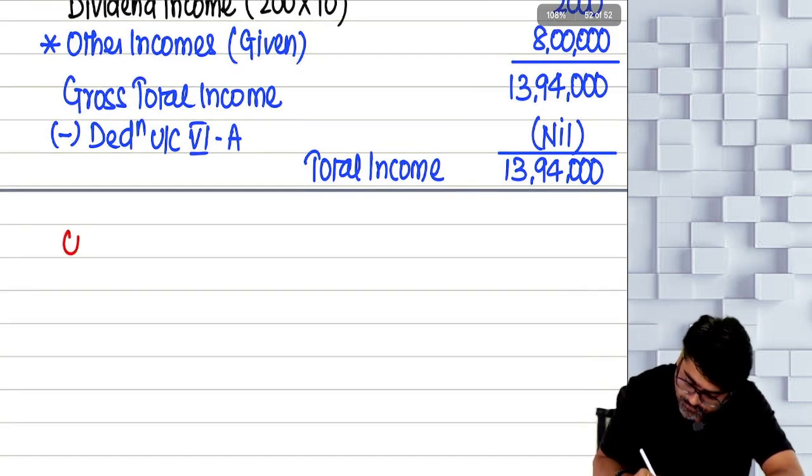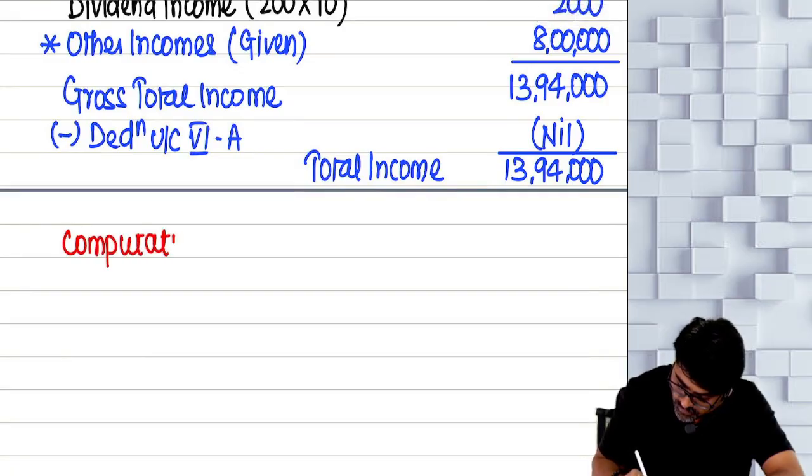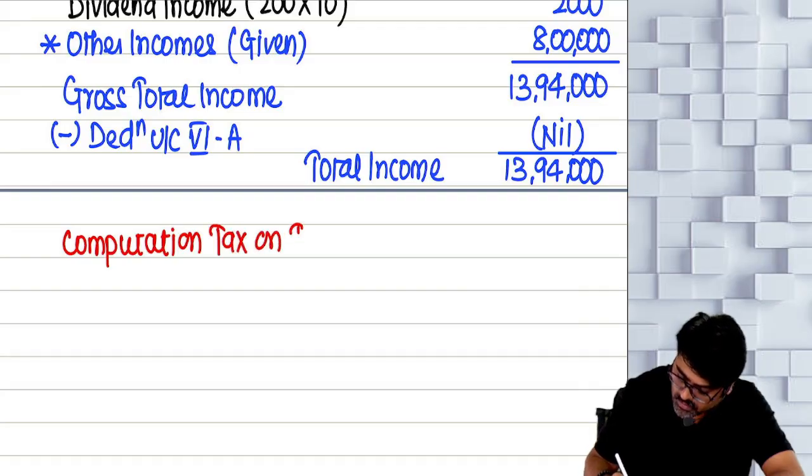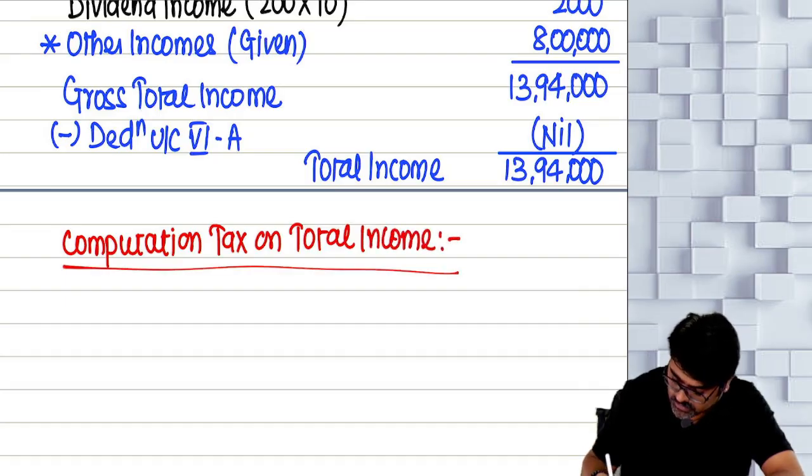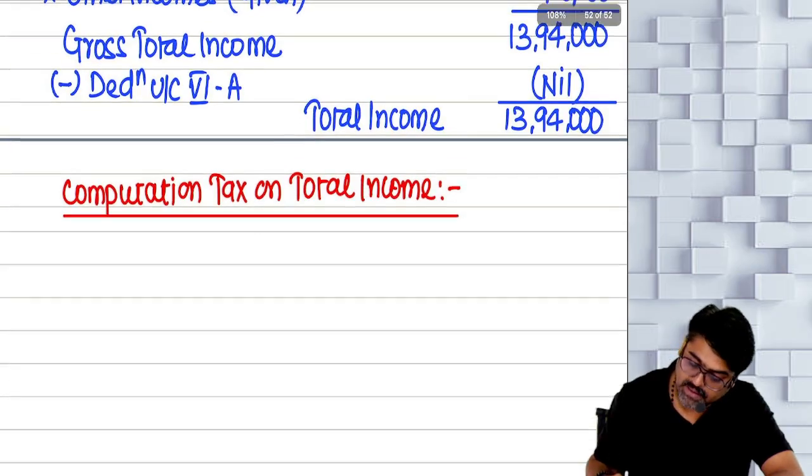Computation of tax on total income. Yes or no? So now to calculate this tax, what I'll do? I'll break up my total income.